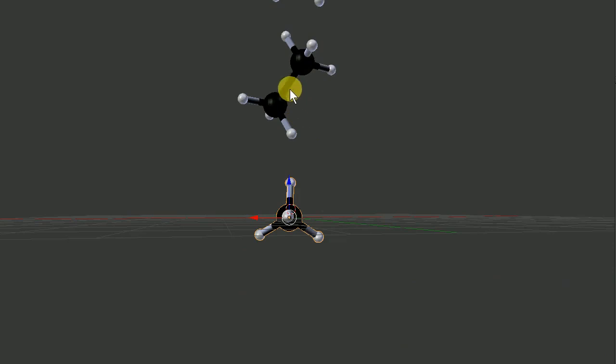So if a molecule with a momentary dipole comes across a molecule that doesn't have a momentary dipole, it's going to alter its electron cloud, and it's going to make it skew, because we know that electrons repel each other.